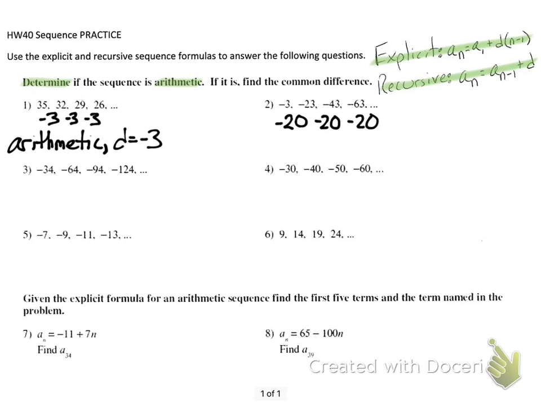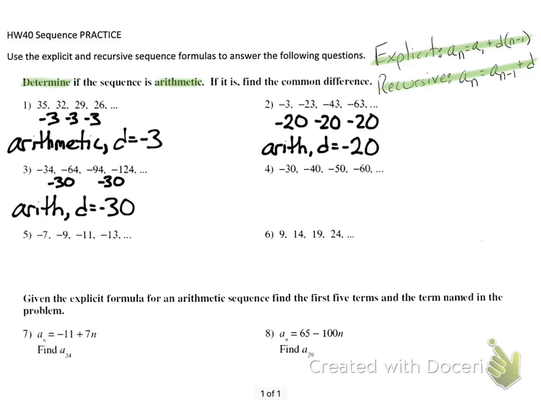So in number 2, we also have an arithmetic sequence because from negative 3 to negative 23, you're taking away 20 each time. And then likewise from negative 23 to negative 43, you're also taking away 20. So that's another arithmetic sequence, and the variable d is representing negative 20. In number 3, again, you're going to be taking away 30 between each of those terms, so this is another arithmetic sequence.